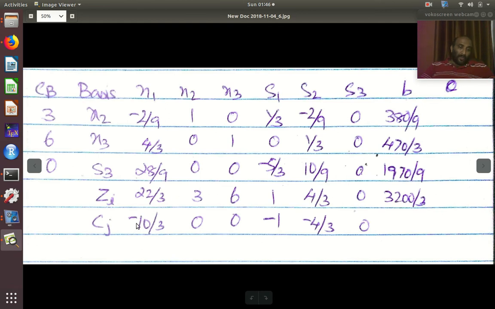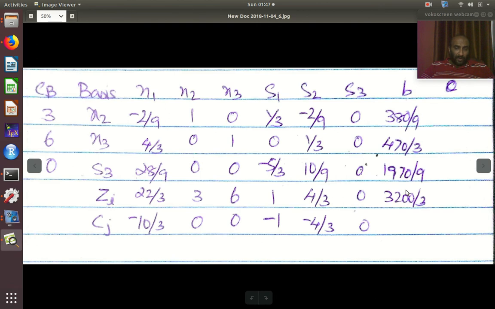And we will check for optimality by calculating this Zj: 3 multiplied by minus 2 by 9 plus 6 into 4 by 3 plus 0 into 28, and so on, this is 22 by 3.